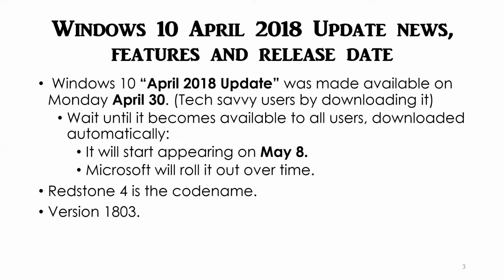The fact of the matter is, I have not downloaded the 2018 update. I'm going to wait until May 8th or after. But of course, there's a lot of information on the internet about what it contains. And when Microsoft gets ready to roll out this update, it will be done over time.